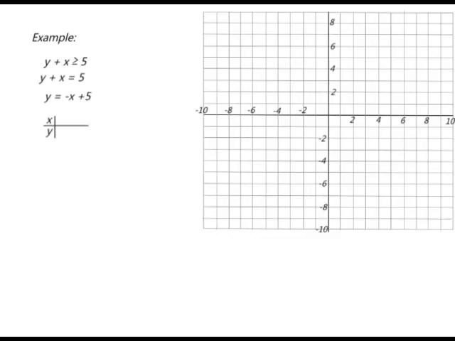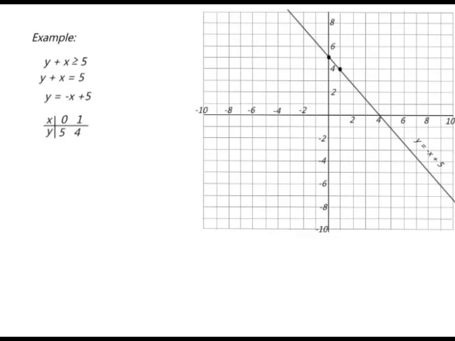We get 2 values of x, and using the equation we calculate the corresponding values of y. We'll choose 0 and 1. When x is 0, y will be 5. When x is 1, y will be 4. These are the points, and we know the line should be continuous in this case. That is our line.